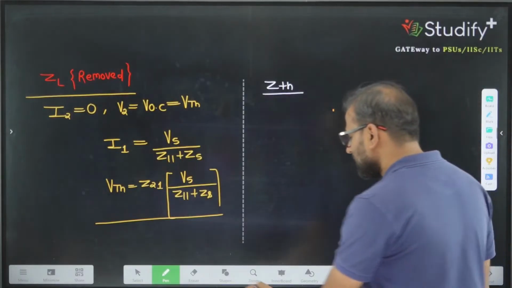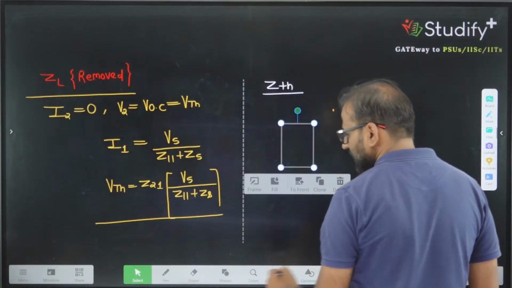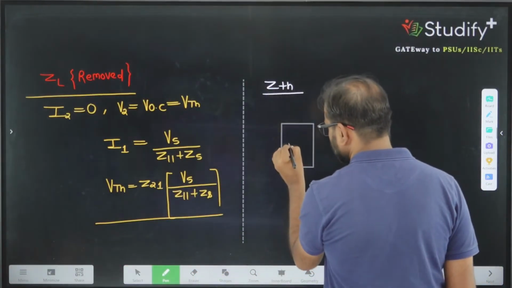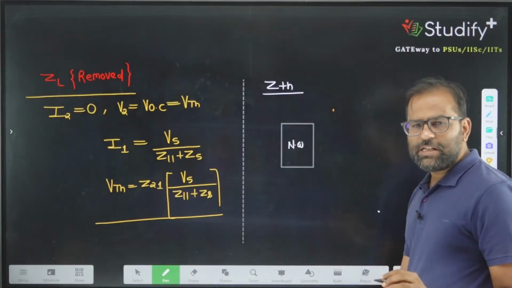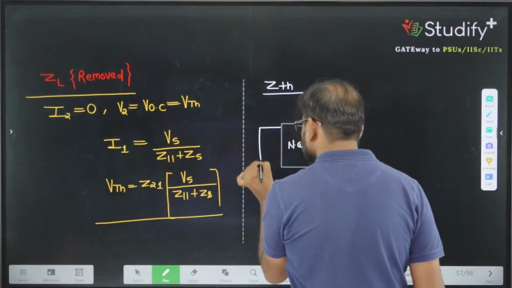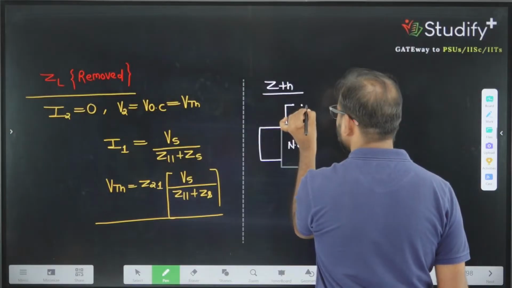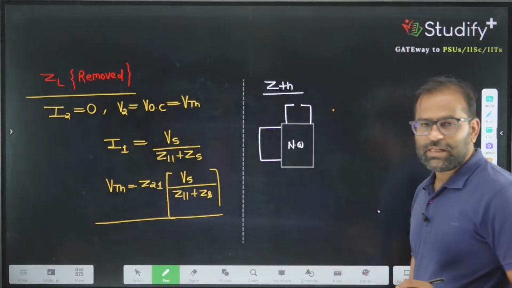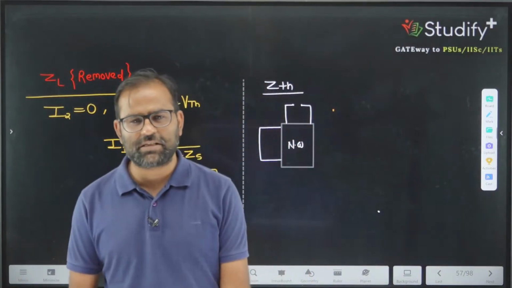What does ZTH say? ZTH says that if this is your network, make all independent sources equal to 0. So if you are having a voltage source, represent it by short circuit. If you are having a current source, represent it by open circuit. So how do you calculate the Thevenin's resistance?